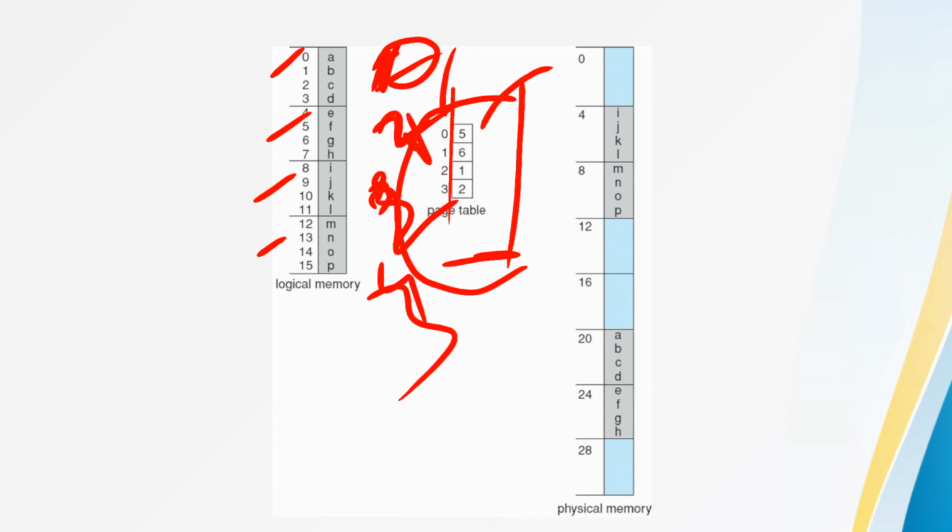See here. It will be divided into 4-byte segments, that is 0, 4, 8, 12, 16, 20, 24, 28. 4 will be added each time, because all are divided into segments of 4.